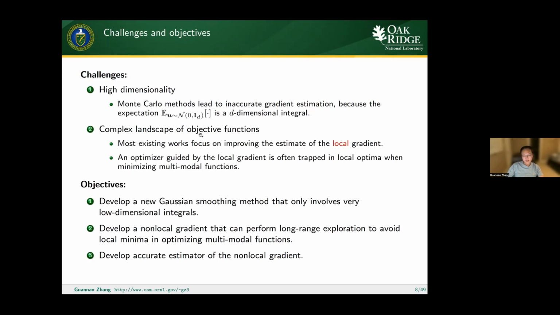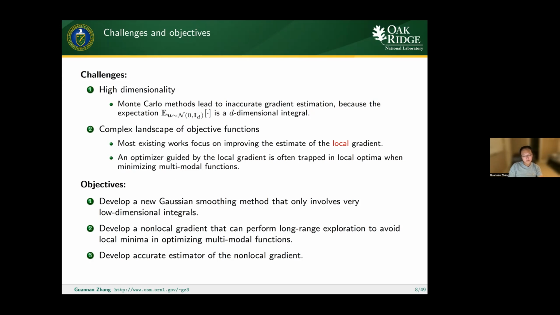That motivated us to develop our non-local gradient in order to avoid the use of the Monte Carlo estimator. To do that, we developed a new Gaussian smoothing that involves only very low-dimensional, actually just 1D, integrals.